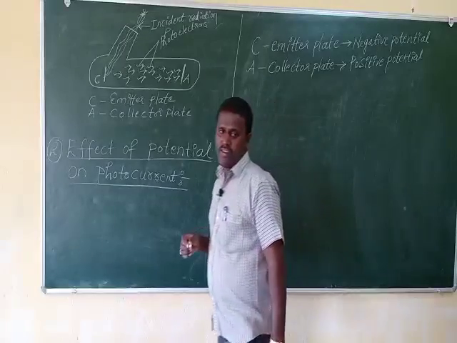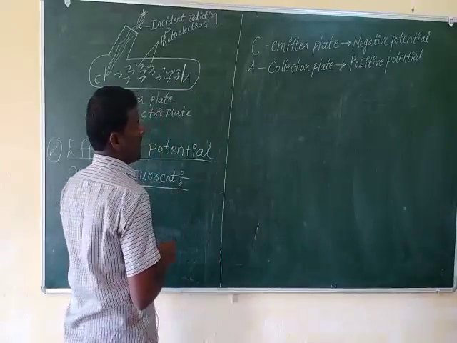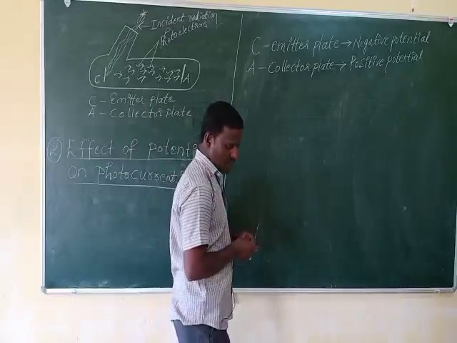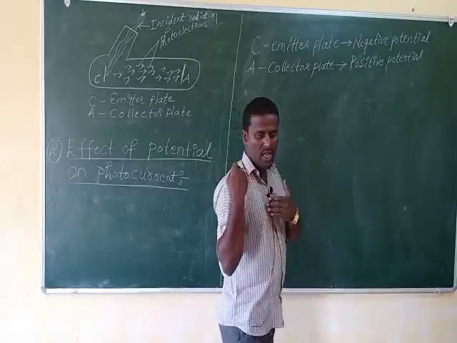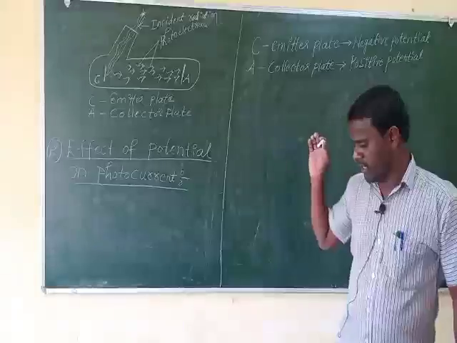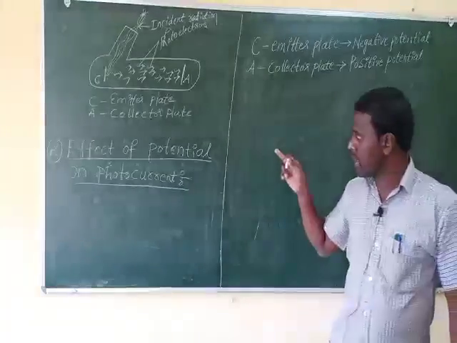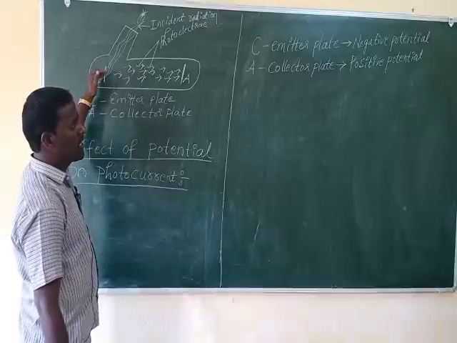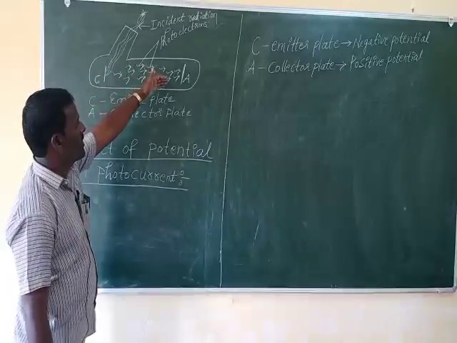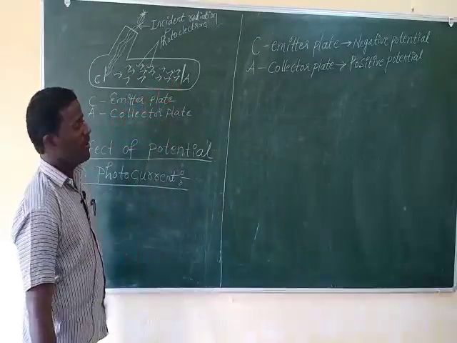So here C is an emitter plate with negative potential, and A is a collector plate with positive potential. In the experimental setup, C is the emitter plate with a negative value of electric potential, and A is set up with a positive value of electric potential.